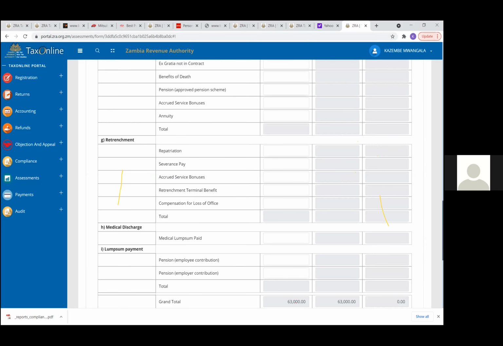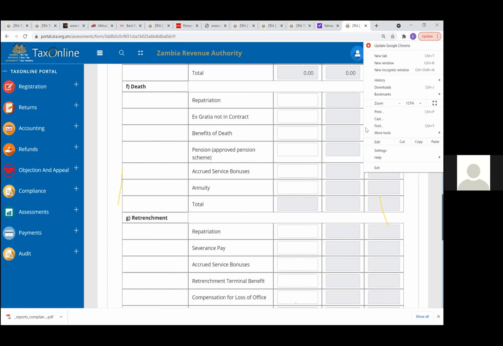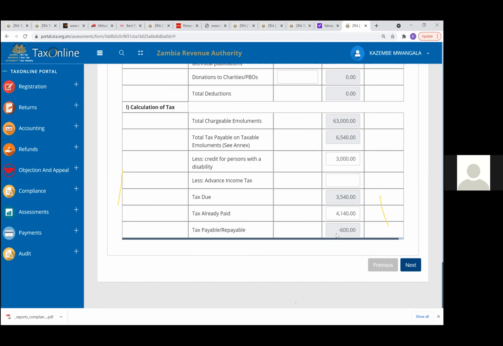Let me just zoom in. So there is a minus there. The minus is not getting bigger. So it means that their refund, because some people will expect that because they have a disability, they only 3,000 will be due to them.